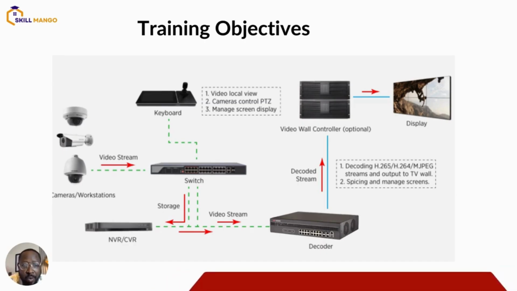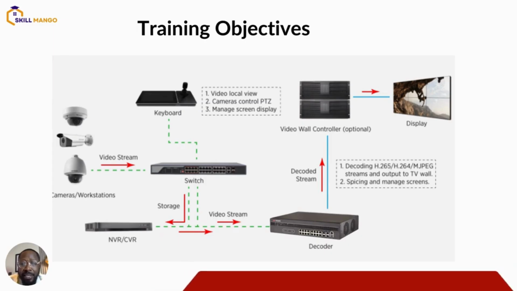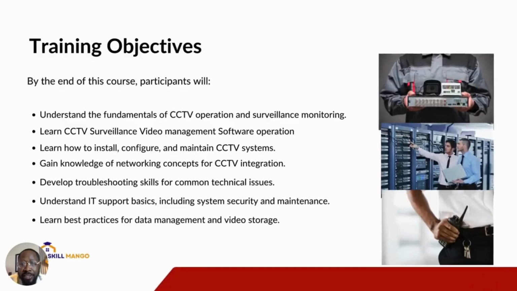Like for instance, this is a decoder, this is an NVR, this is a switch, these are your camera ports, this is your joystick. So this controls the PTZ camera, and this is your video controller that links to all the screens via HDMI. You have to understand this part as a CCTV operator. So in case of issues or problems, you know how to attend, how to address it.